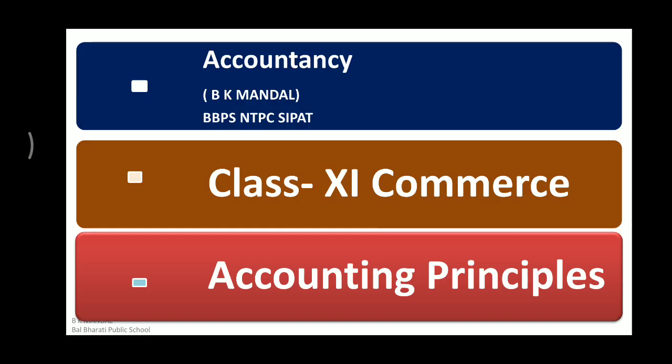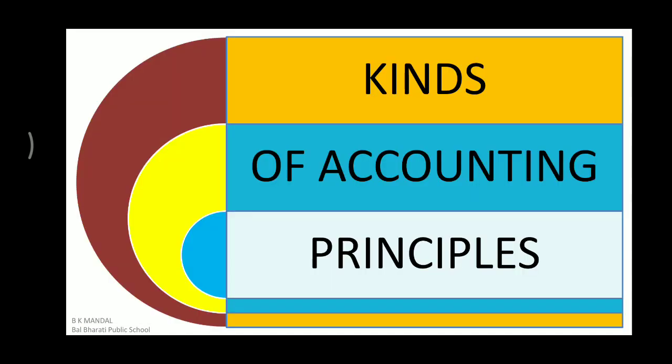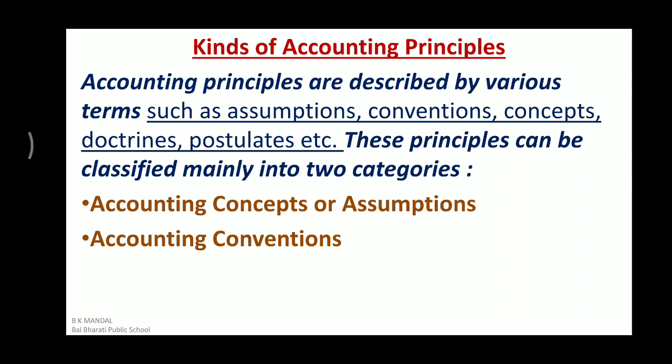Hello, all of you. In today's class, we will learn one more topic, that is kinds of accounting principles. As far as the accounting principles are concerned, they are known to us by different terms, by different authors, such as assumptions, conventions, concepts, doctrines, postulates, etc. And these principles are classified mainly into two categories: accounting concepts or assumptions, and second, accounting conventions.